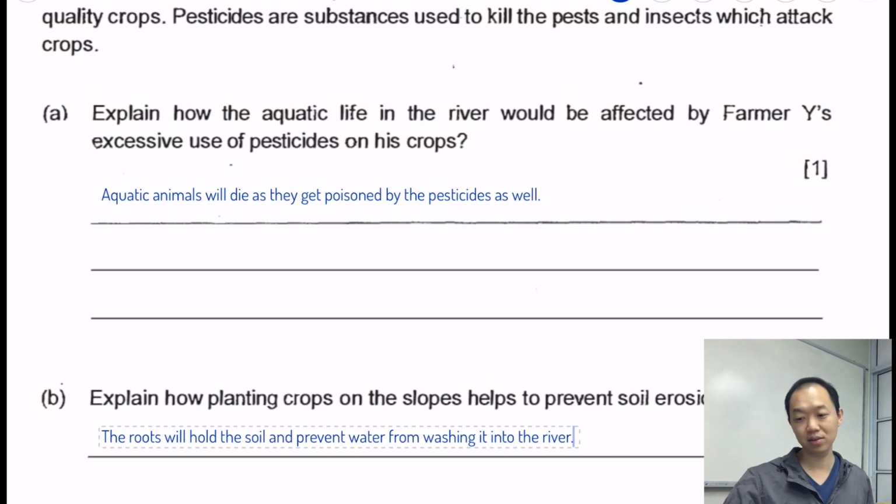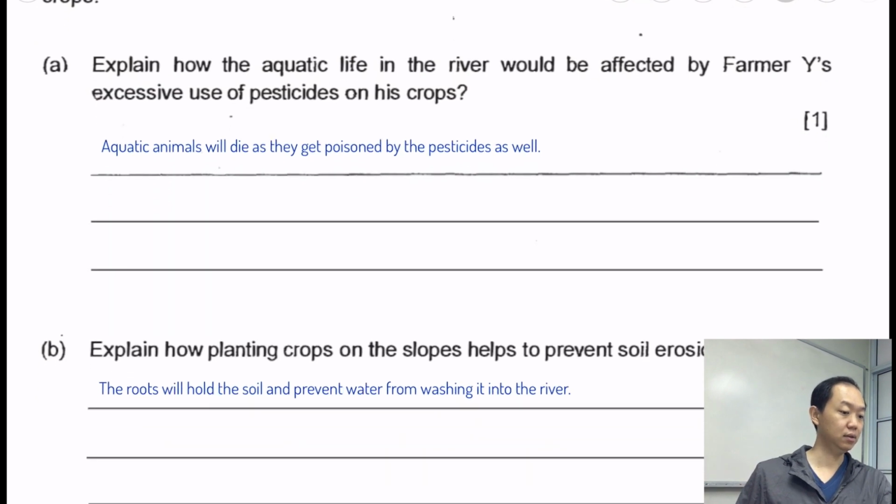So that's prevention of soil erosion. Soil erosion is also water pollution because all the sand goes inside. Sand is also dirty stuff.